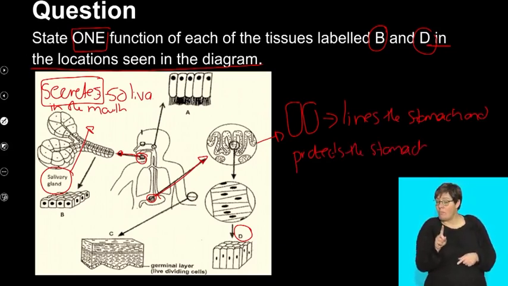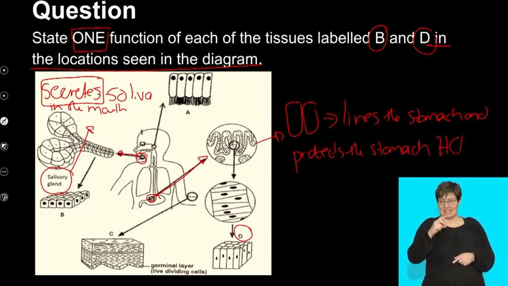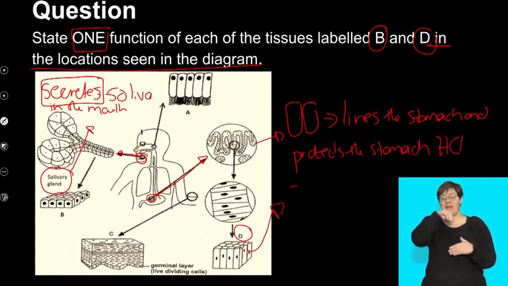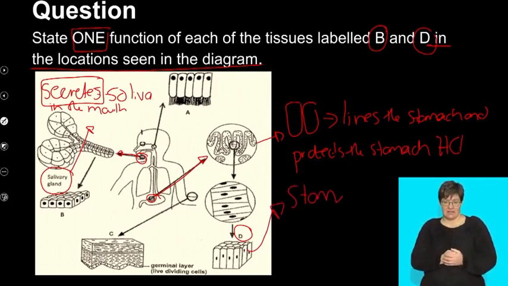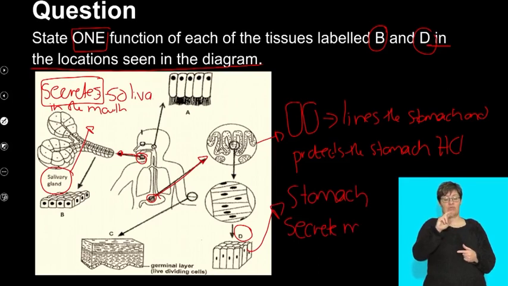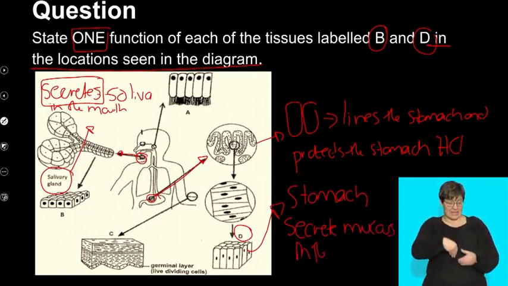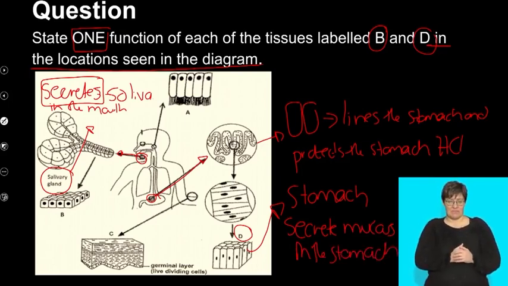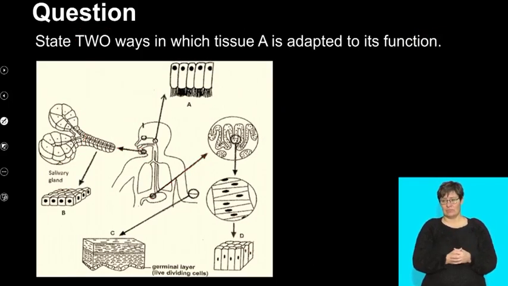It would be there from the hydrochloric acid. What else could you have maybe said there? Okay, that it's in the stomach. And what do we know? That it also secretes. It can secrete mucus in the stomach to protect the stomach. So there we have the two different things that it can do.